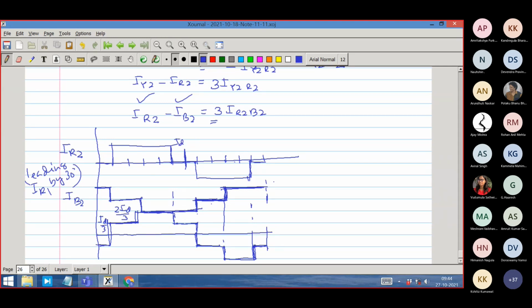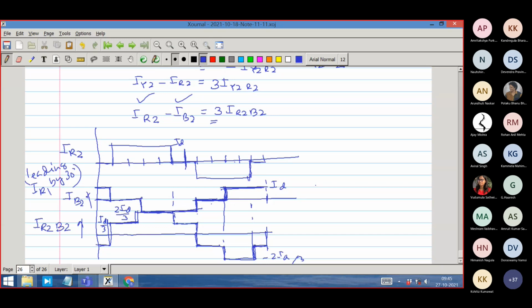These levels are ID. These levels are ID. So 2ID by 3, and this is minus 2ID by 3, and so on and so forth. So this would be the waveform of IR2B2. That is the waveform of IR2B2, right? This is 0, this is 0. So this is the waveform of IR2B2.